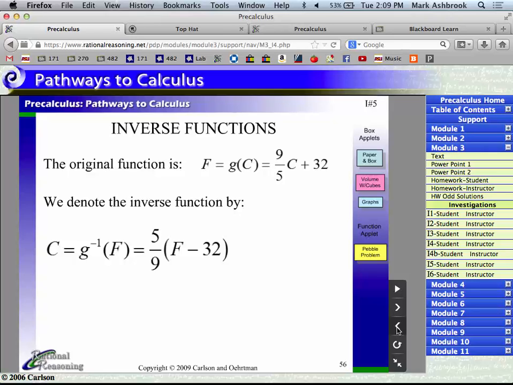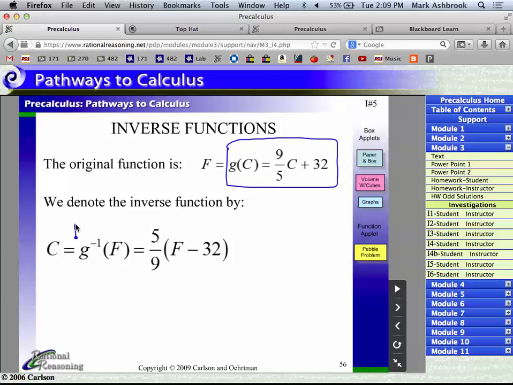And so this was our G of C function that we started with. Since it's very closely related to G, instead of giving it this new name H, we could also do this, and this is what's more common, G inverse. So this is now what we were calling H before, G inverse.